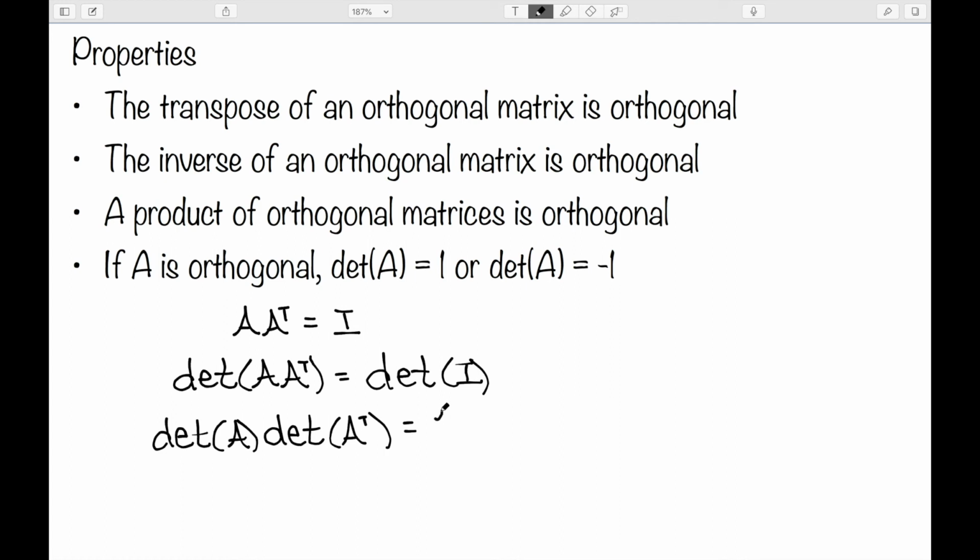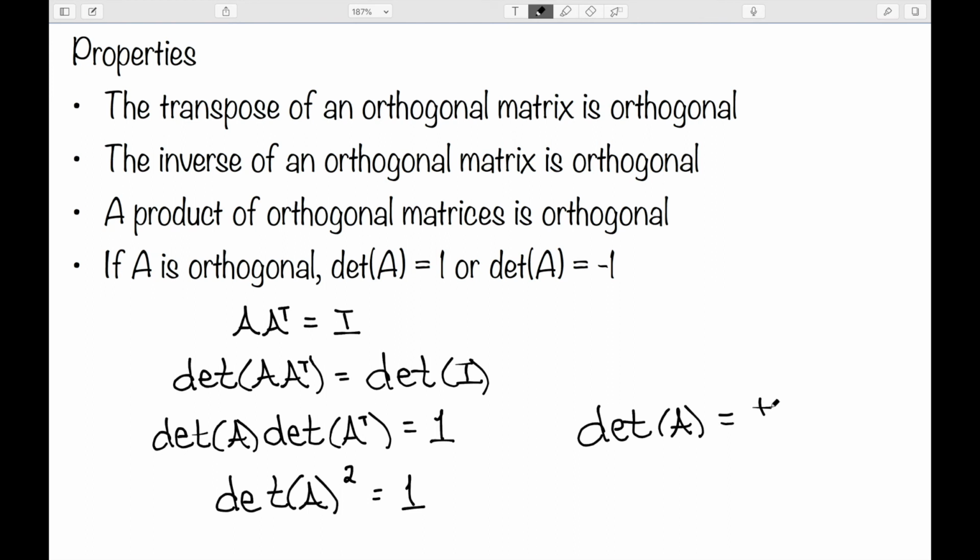The determinant of the identity is 1. Another property discussed when we talked about transpose and determinants is that the determinant of A and the determinant of A transpose are equal. So this is the determinant of A squared. And taking the square root of both sides, I would have the determinant of A is equal to plus or minus 1.